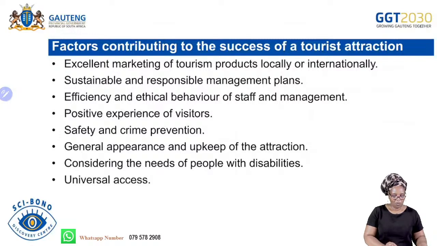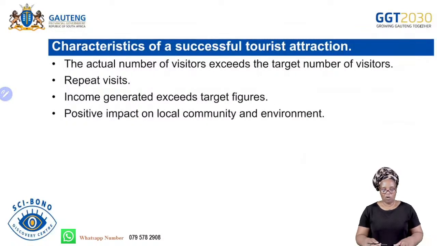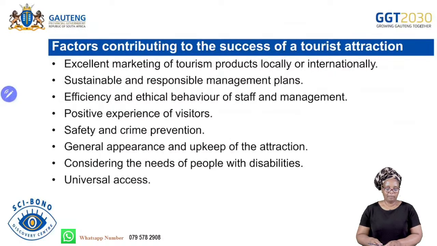Now we talk about the general appearance and upkeep of the attraction. Here, when you talk about the general appearance, the way it looks, we talk about safety. This safety is very important to the tourists. They need to feel safe so that they'll be able to come back to the area.